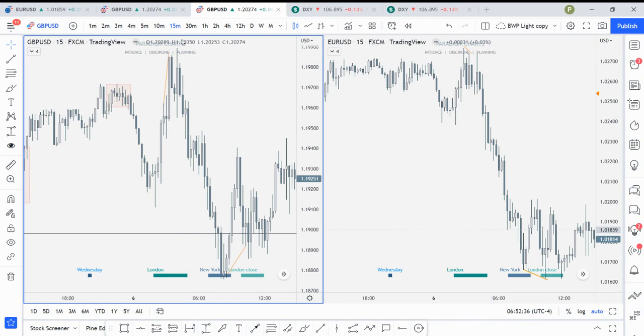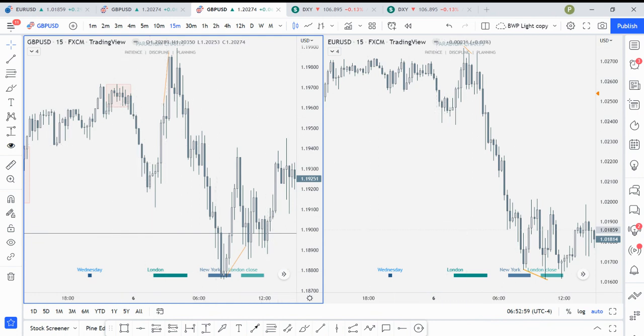This is Judas swing. During London Q zone, if you're expecting price to be bearish for that day, you want to see that price runs above the midnight price.